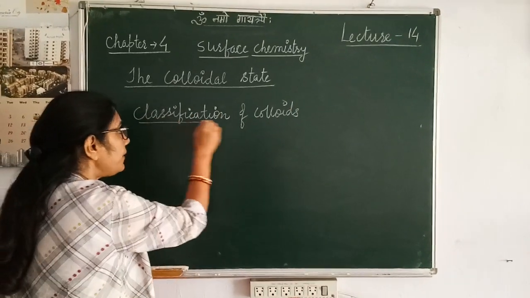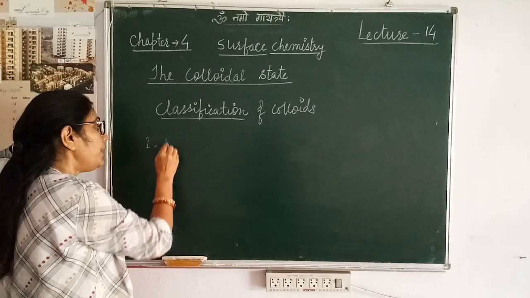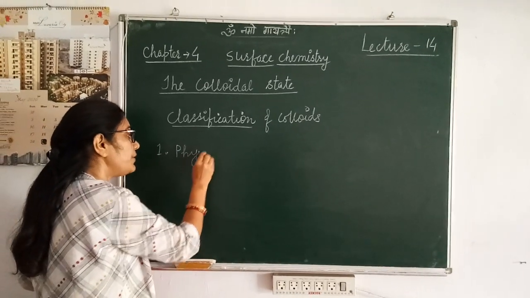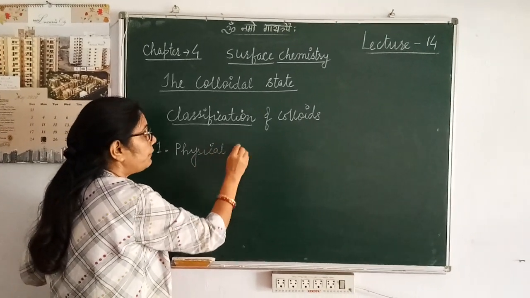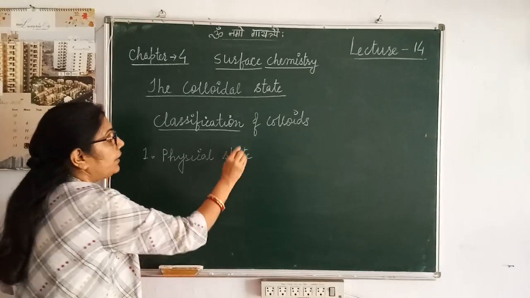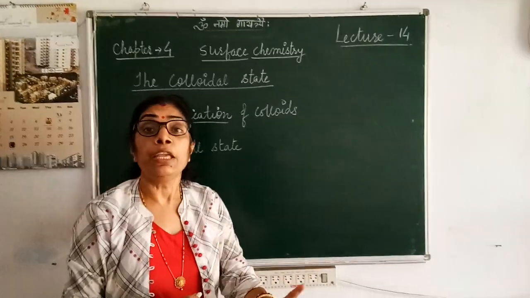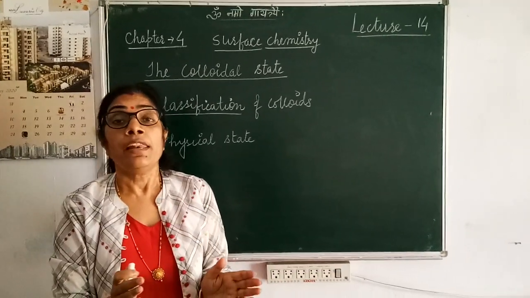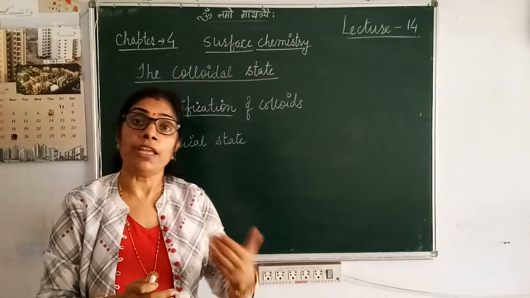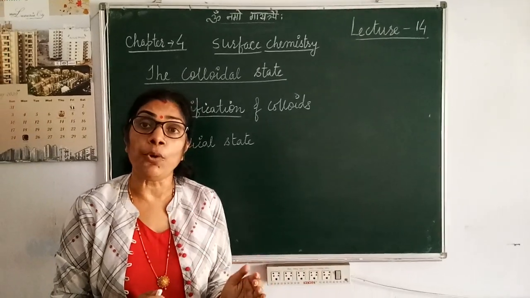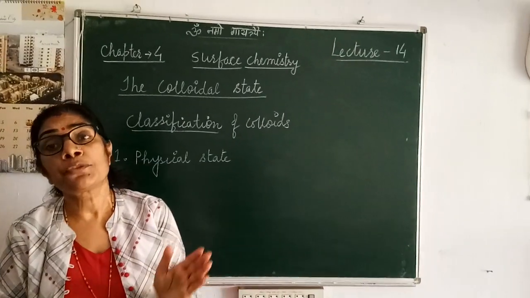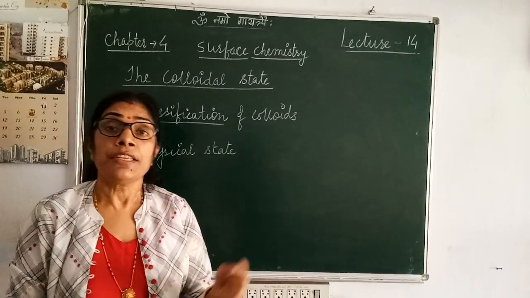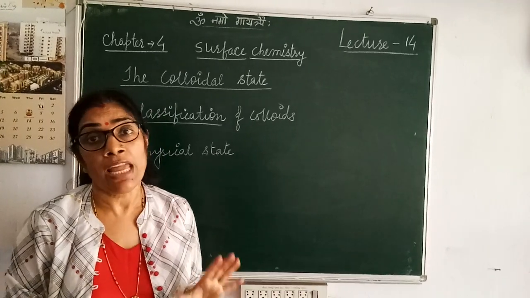So far as classification is concerned, the first classification is on the basis of physical state, like solids dissolved in liquid, starch in water, liquids dissolved in liquid like emulsions, oil in water, water in oil. Then solid in gas, gas in solid, aerosol, and so on.